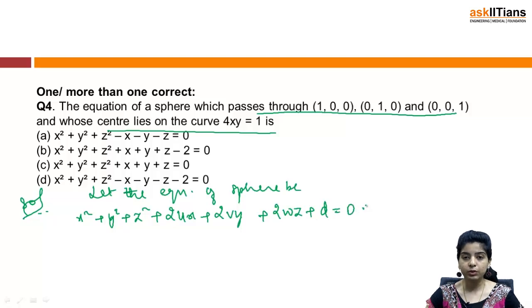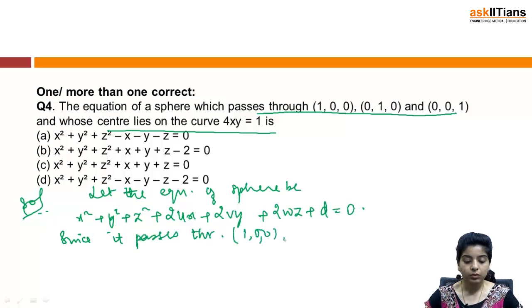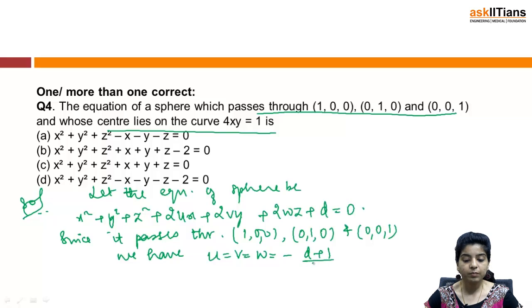This is the most general equation of a sphere. Since it passes through (1, 0, 0), (0, 1, 0) and (0, 0, 1), we have u = v = w = -(d + 1)/2.